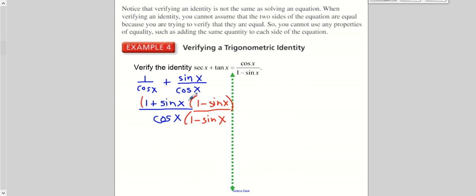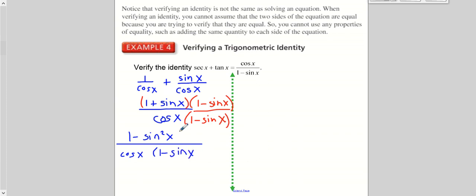If we multiply these together, look, we have the sum and difference pattern. When we multiply those together, we get 1 minus sine squared. Now that we've got a sine squared, that's helpful. Pythagorean identities all have something squared in them. Okay, and on the bottom, we now have cosine x times 1 minus sine x.